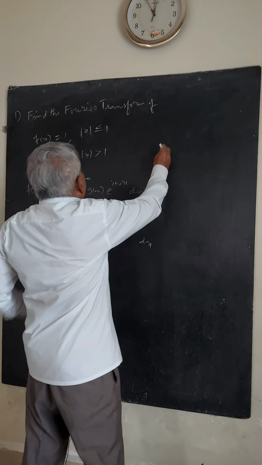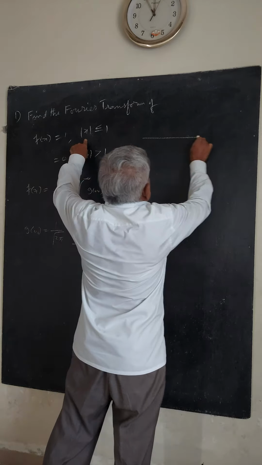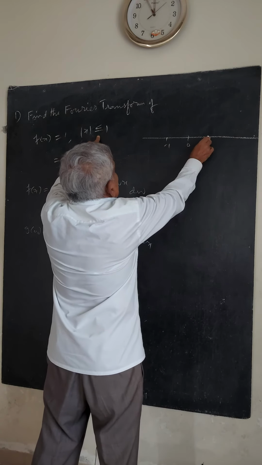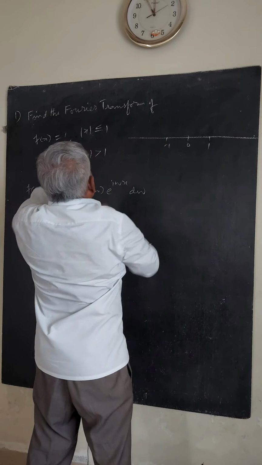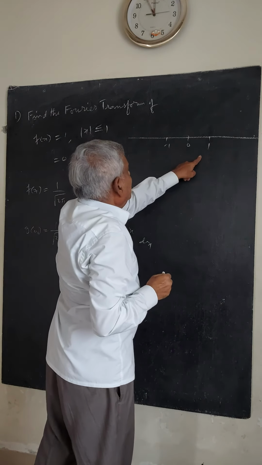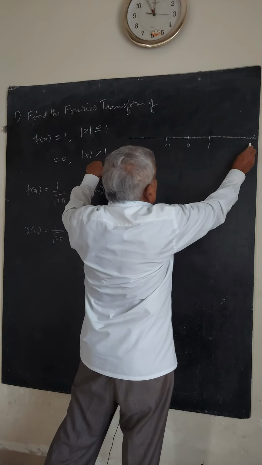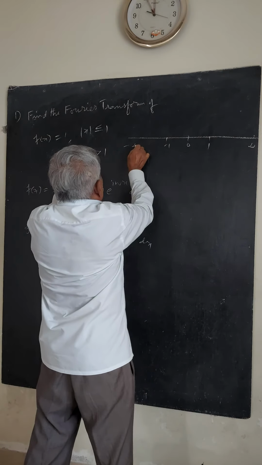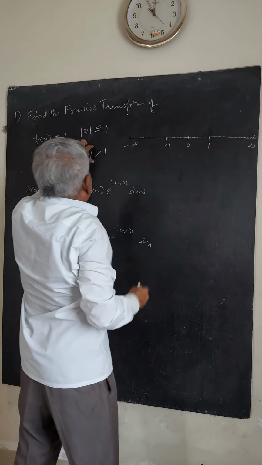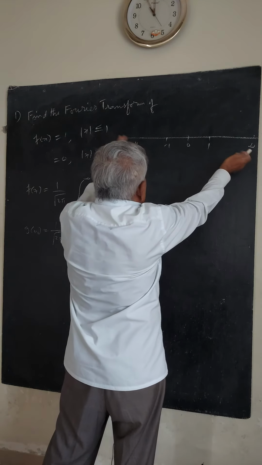The meaning of this: 0 for minus 1 to 1 is the limit between minus 1 and 1. Above 1 and below minus 1, toward minus infinity, are the other remaining places.